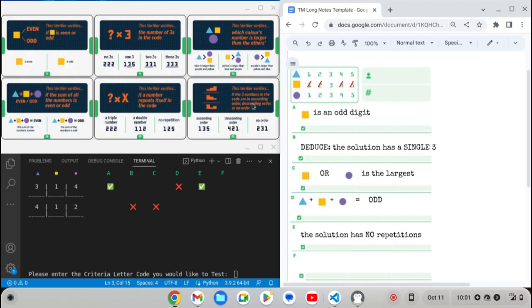And similarly, if you said no, it's descending, then triangle would be the largest. And again, that would make that card irrelevant. So we are looking at a no order. So I'm going to deduce that we have no order.